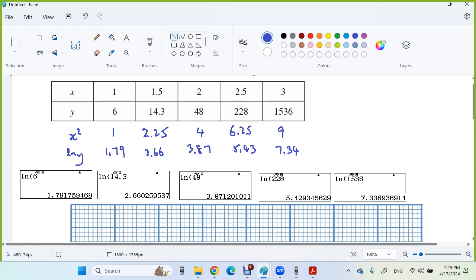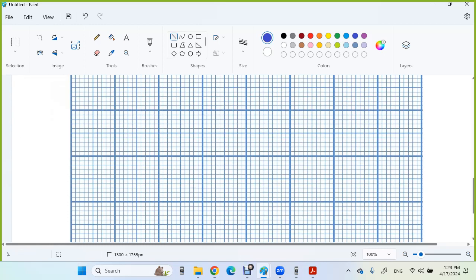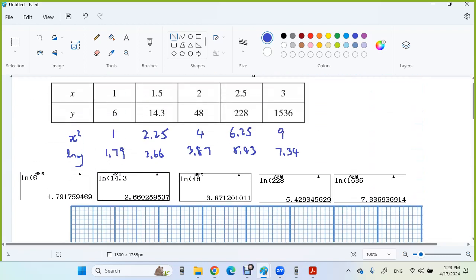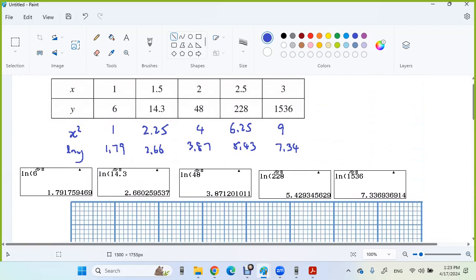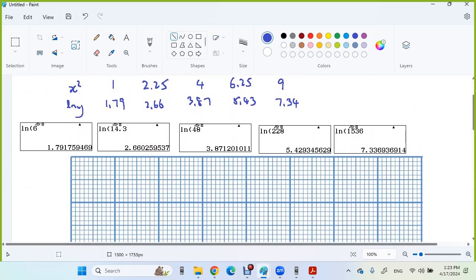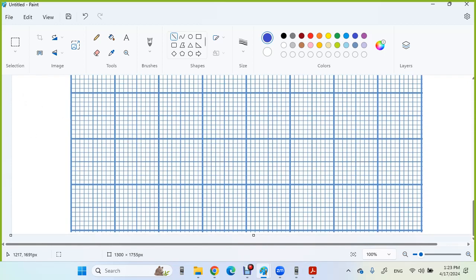On the x-axis we have 1 until 9. We don't have a negative value here.